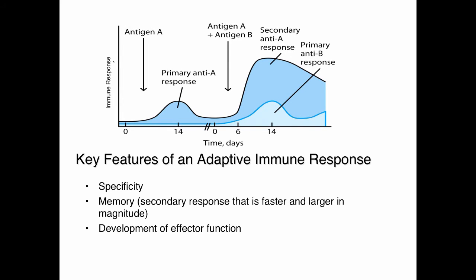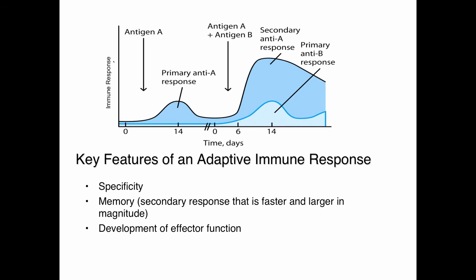And so this summarizes two of the key features of an adaptive immune response. It illustrates that the adaptive immune response is very specific for a given antigen, and also that it has what's referred to as immunological memory, meaning that the second time you see that same antigen, the response is faster, larger in magnitude, and usually more effective in clearing that antigen.